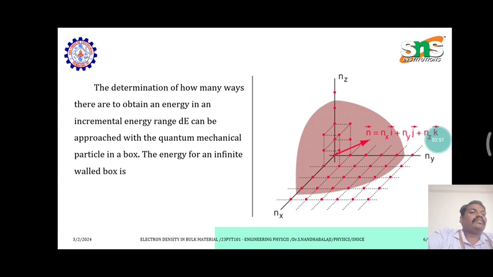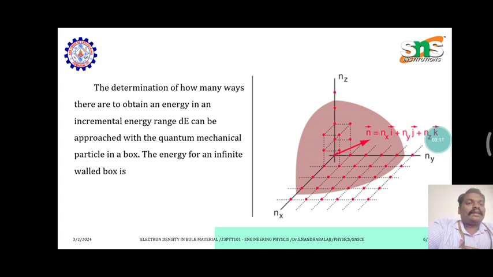The determination of how many waves there are to obtain an energy in an incremental energy range dE can be approached with the quantum mechanical particle in a box.